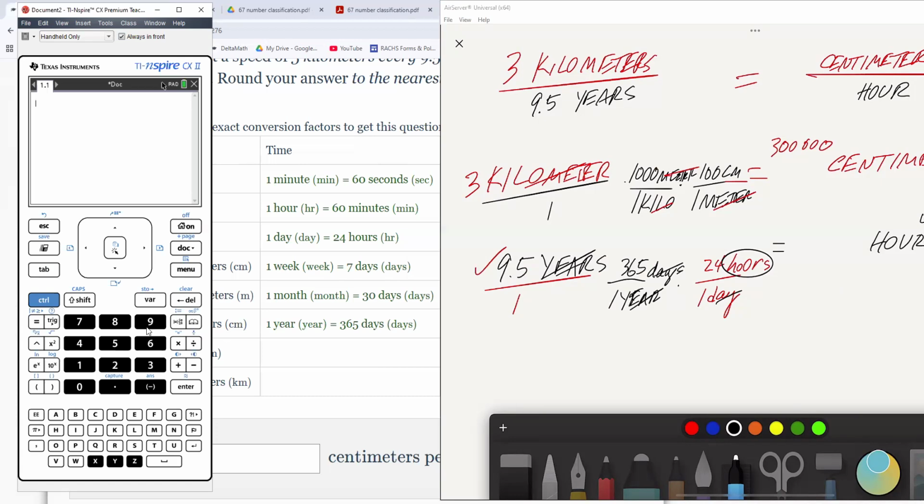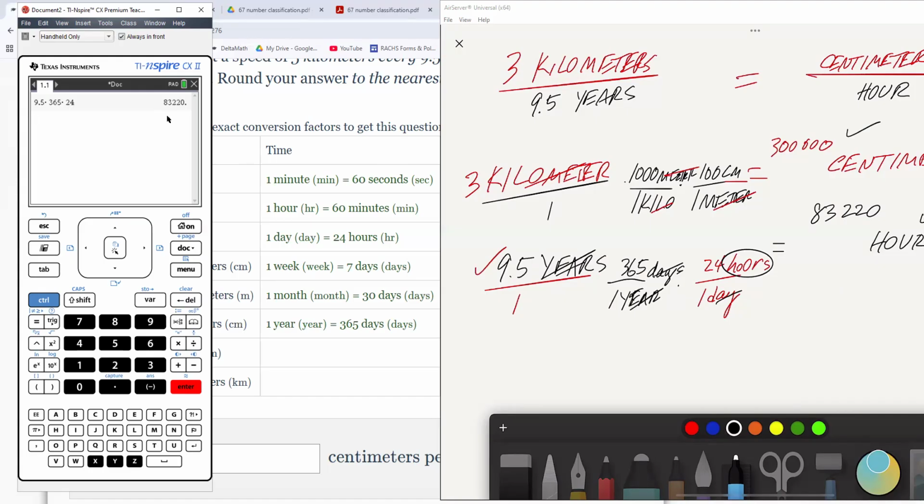And that is 83,220 hours. And the 3 kilometers converts to 300,000 centimeters.